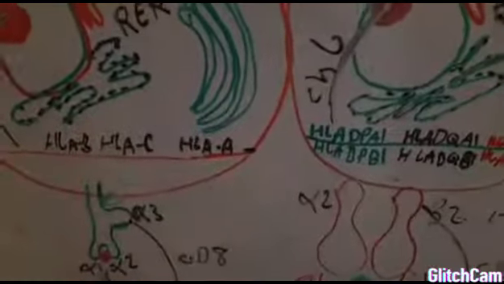A third class, major histocompatibility class 3, is present in between the loci that encode the major histocompatibility class 1 and the genes that encode the major histocompatibility class 2.